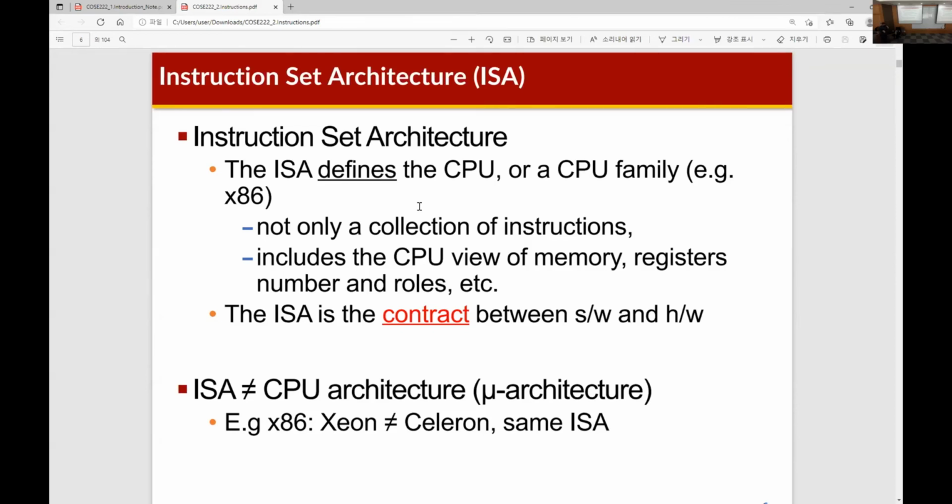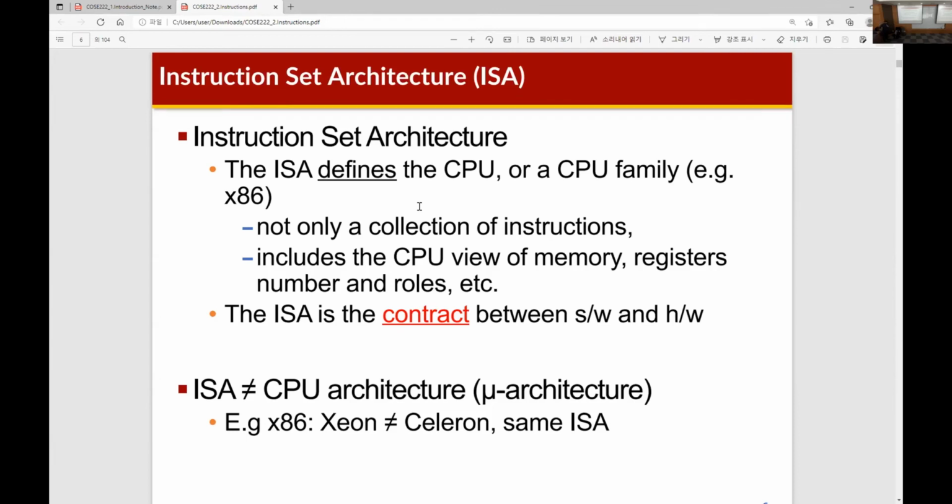Intel makes various kinds of CPUs such as the Xeon or Celeron. Xeon can run binary code compiled using x86 ISA. Also, Celeron can run the same binary, which means Celeron and Xeon support the same instruction set architecture.